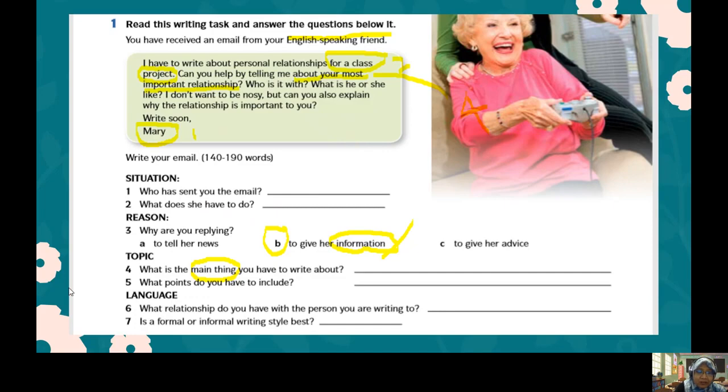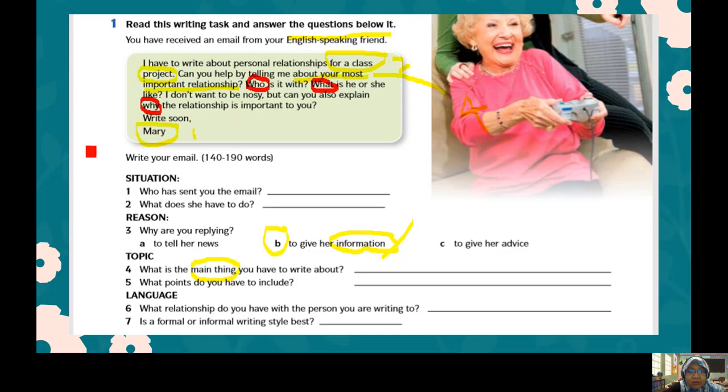Here is the answer: you have to answer all the WH questions here. Who, what, why. Those 3 things are important that you have to include in your email later.